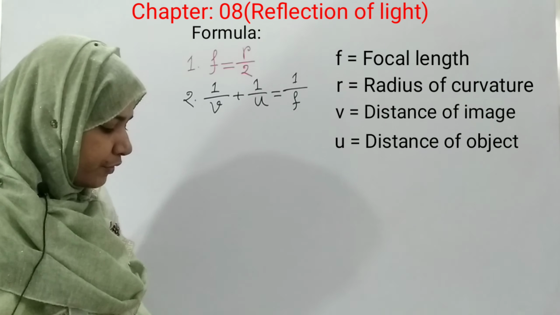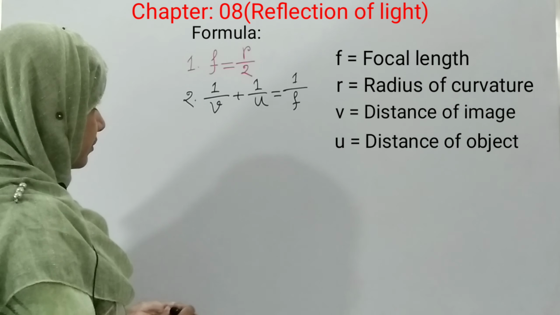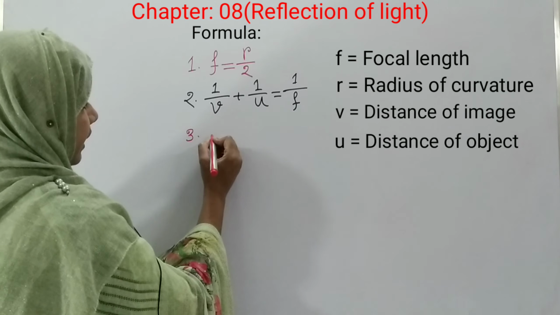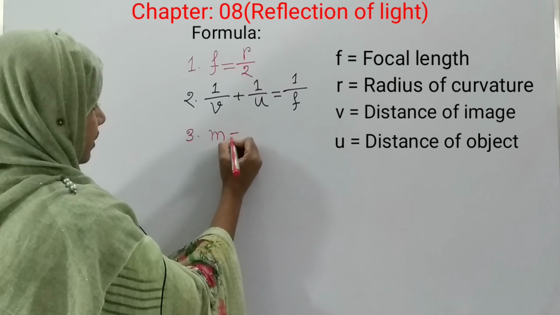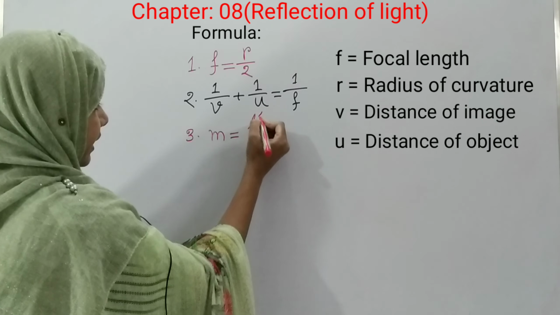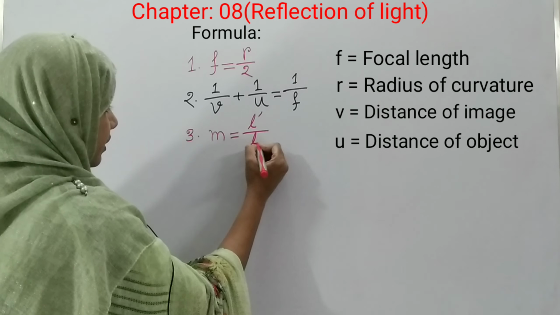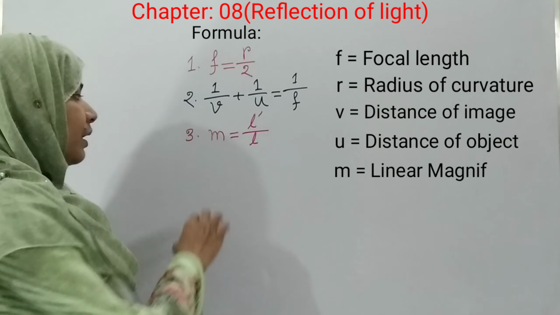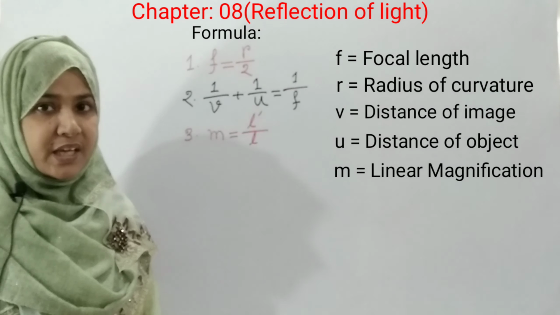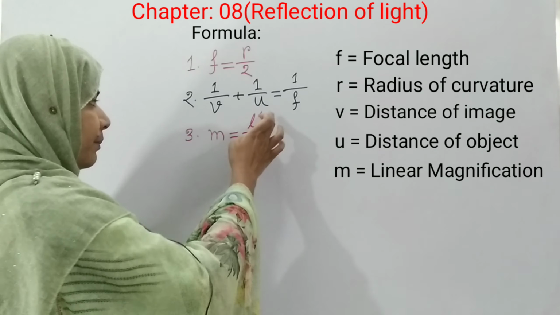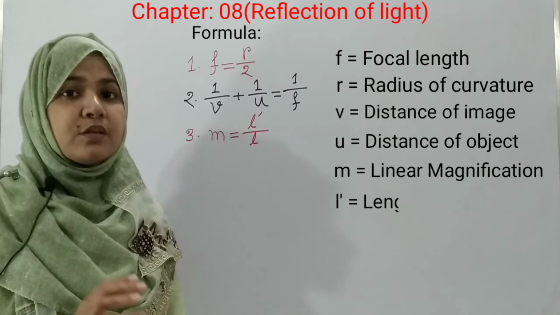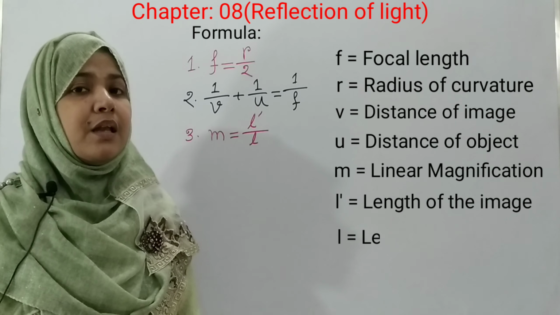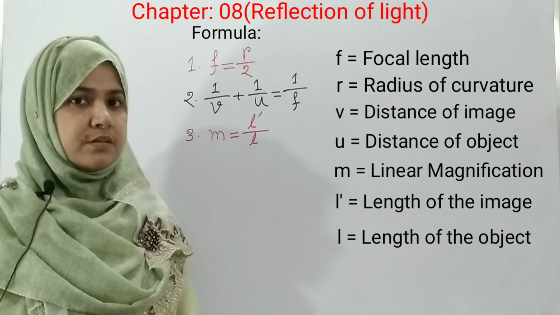Now the third formula is M equals L prime by L. Now M means magnification, L prime means the length of the image, and L means length of the object.